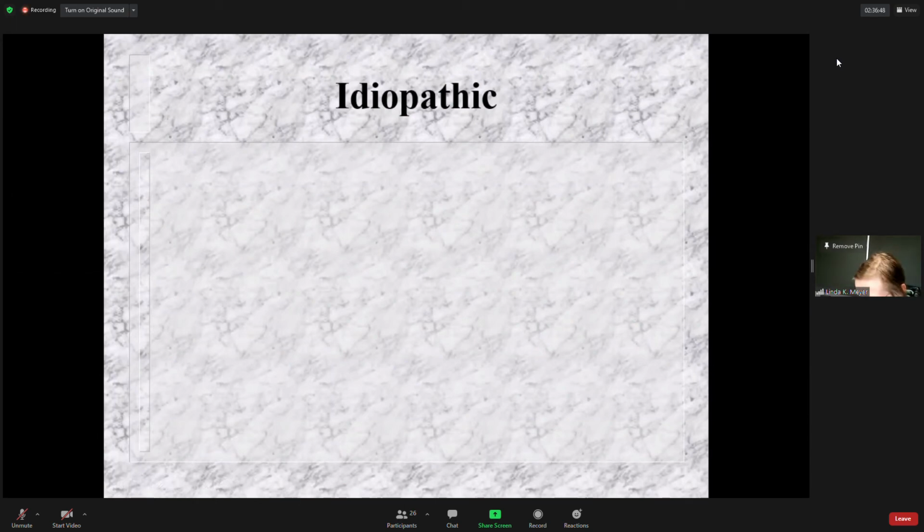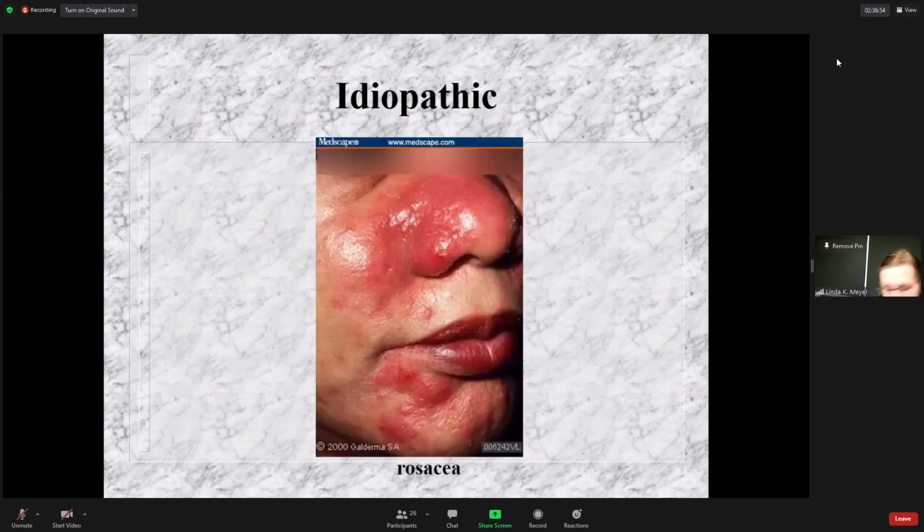Okay, idiopathic. The term idiopathic simply means that it's a disease with an unknown etiology. And there are a plethora of different diseases that can fall under this. Like I've already mentioned, they don't really know the exact cause of rosacea.